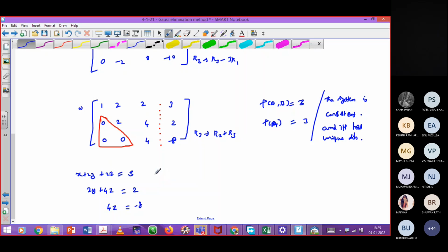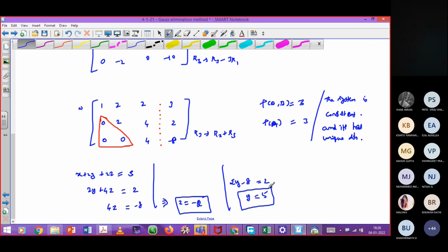After that, see here, I can simply determine the answer from this 4z equal to minus 8, then z equal to I think minus 2. After deriving z, I can simply substitute z value into the second equation. So 2y minus 8 equal to 2, then y equal to 5. Am I right?